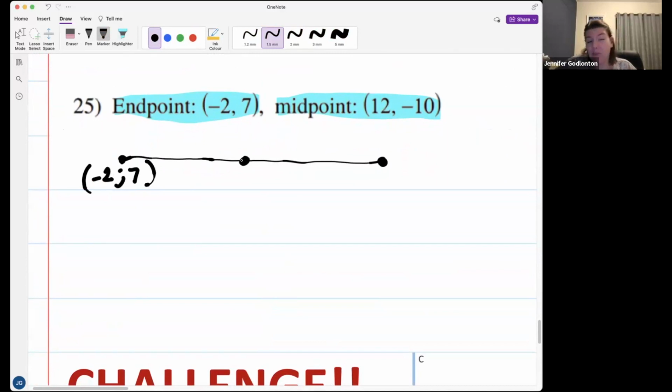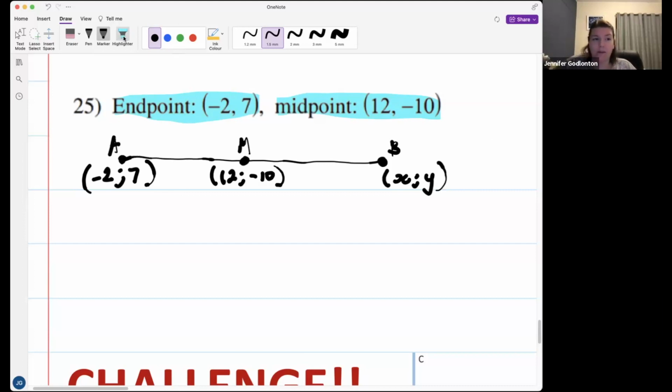They've told us that our midpoint is (12, -10), and we don't know what our other endpoint is. That's what we're trying to solve. So you're trying to find X and Y. If we say this is point A, and this is point B, and this is point M, we're trying to find the coordinates of B, basically.